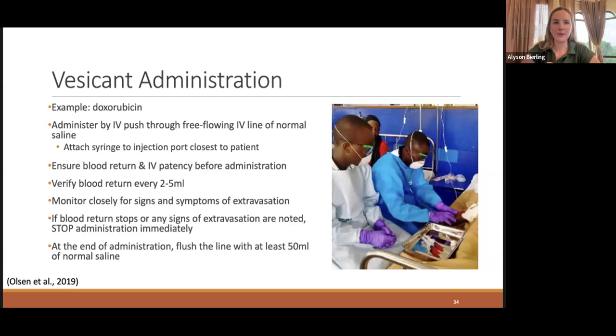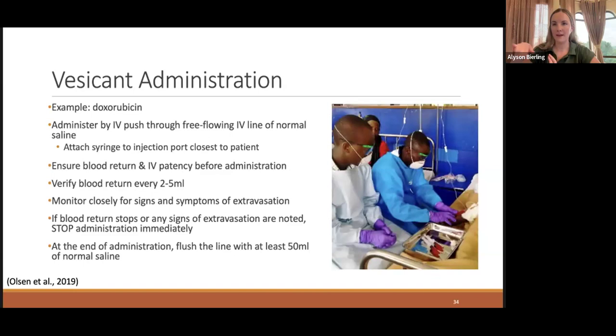We want to ensure that blood return is present and that the IV is patent before we start the administration. Immediately before you push the doxorubicin, you want to pull back on the syringe and make sure that you see good blood return.